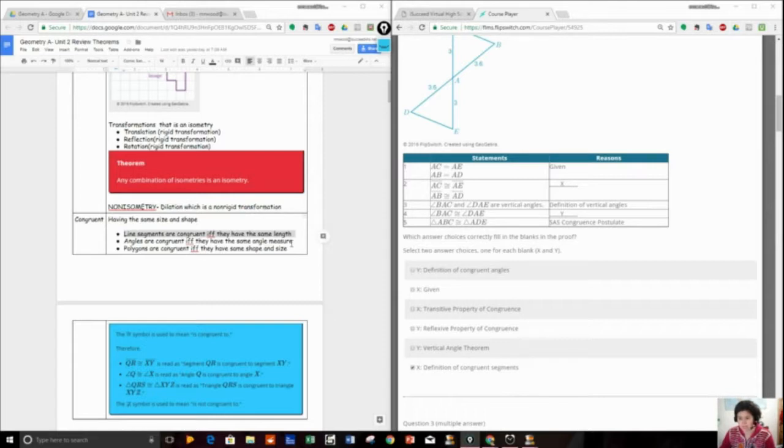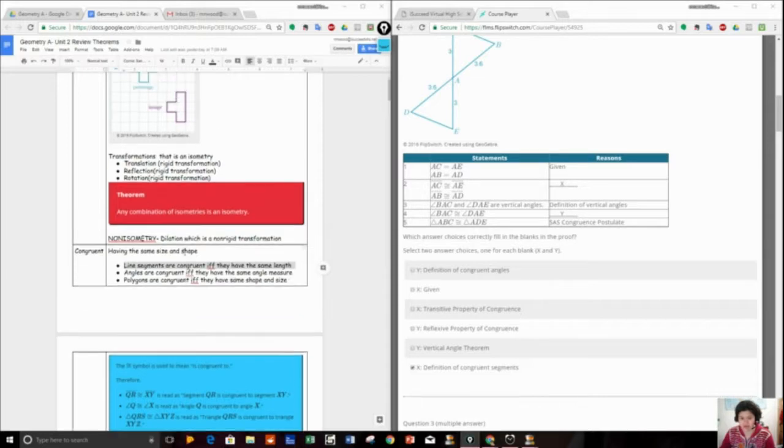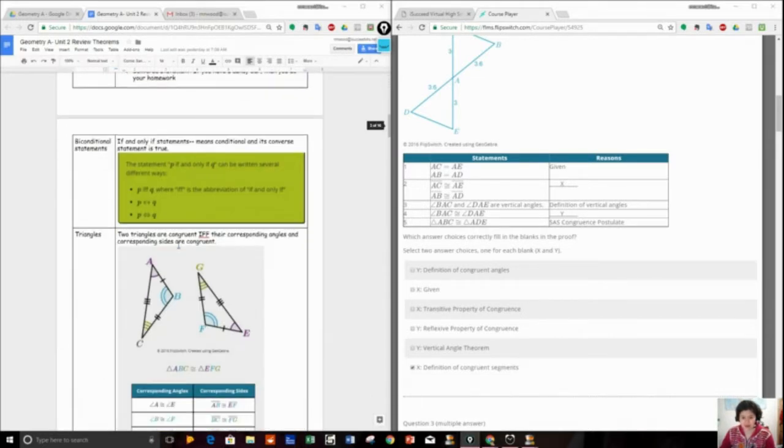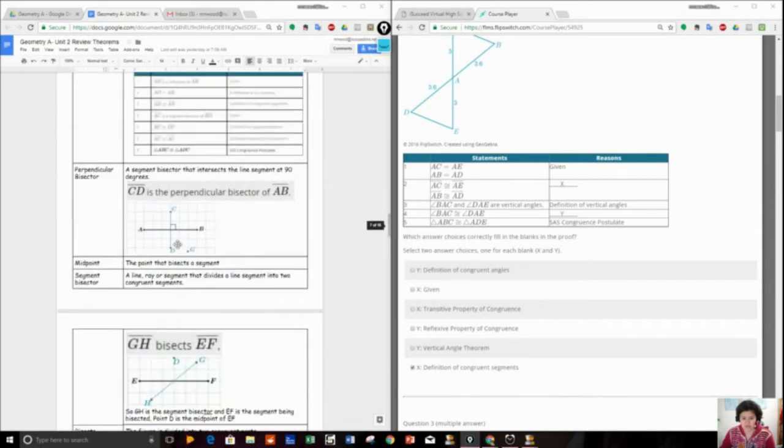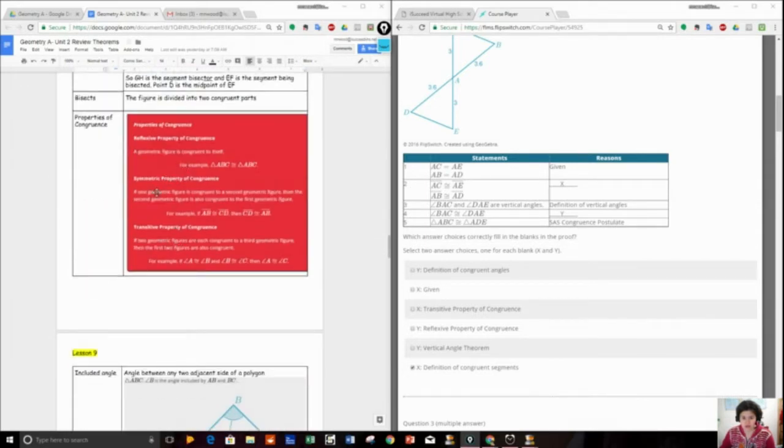Okay, let's look for the reflexive property of congruence, and that was in our congruent properties. And that's if a geometric figure is congruent to itself, so no.